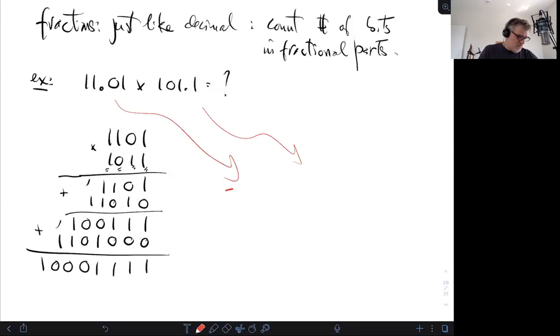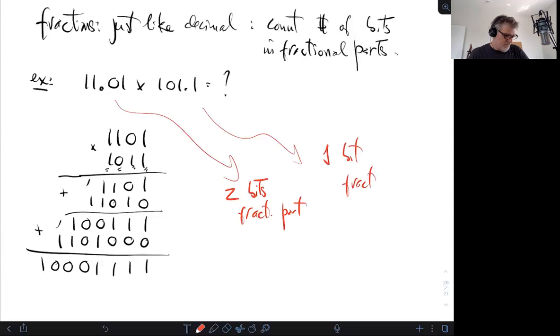Okay. And finally, this one has two digits in the fractional part. This one has one digit, or bit, I should say, sorry. So the factors, one of them has 2 bits, the other one has 1 bit.